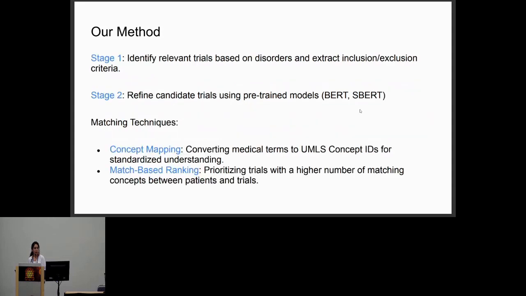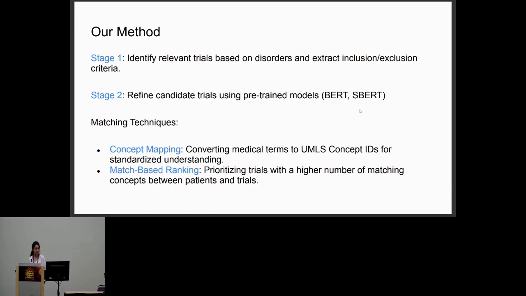We can divide our method into two parts. In the first part, we identify the relevant trials based on the disorder of each of the patients by extracting the inclusion and exclusion criteria using keywords, and then refine those candidates using the large language models.